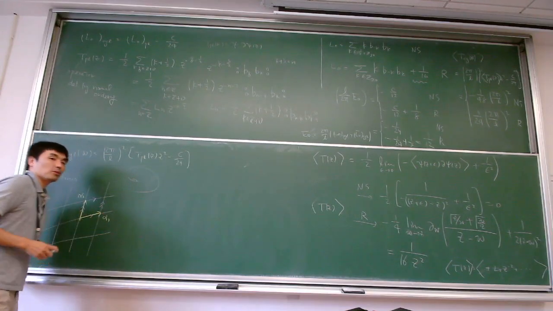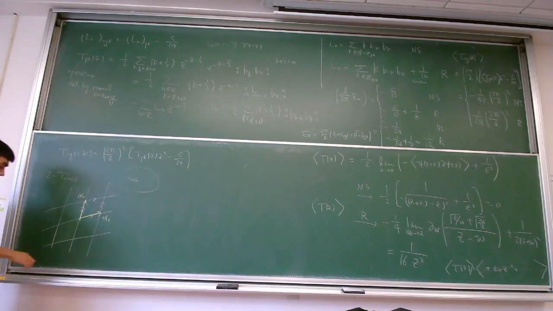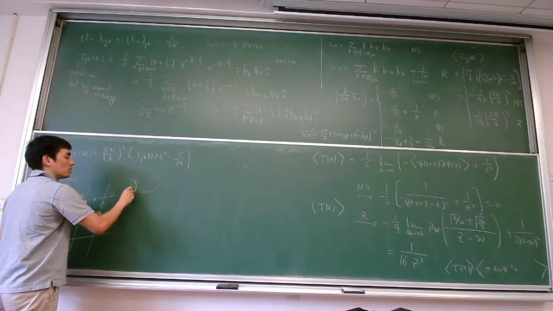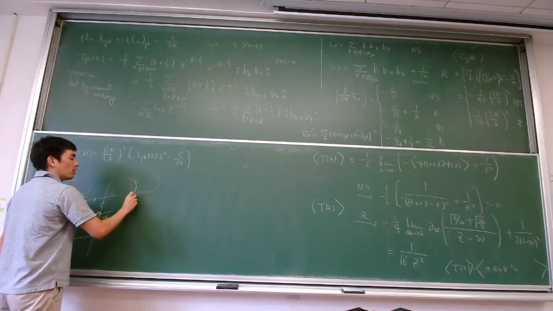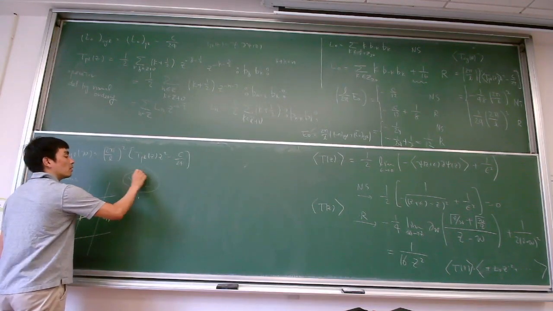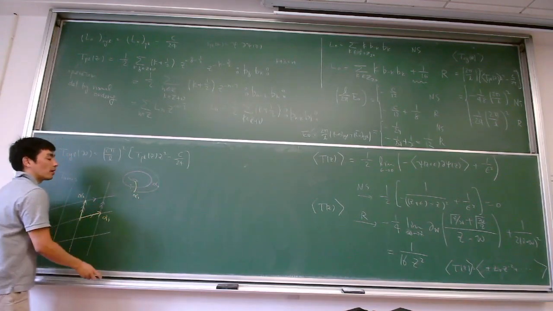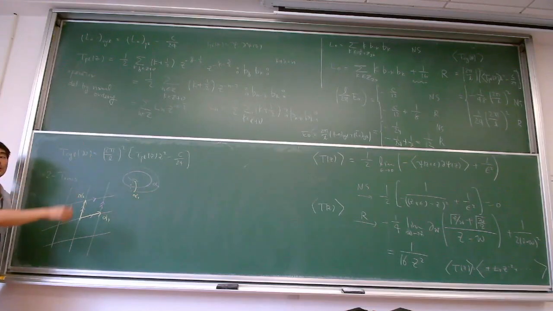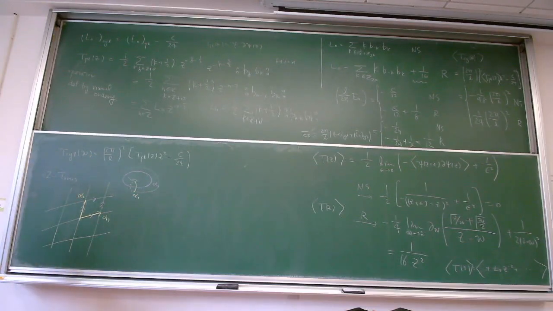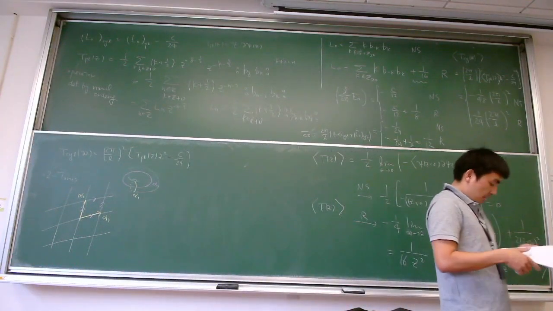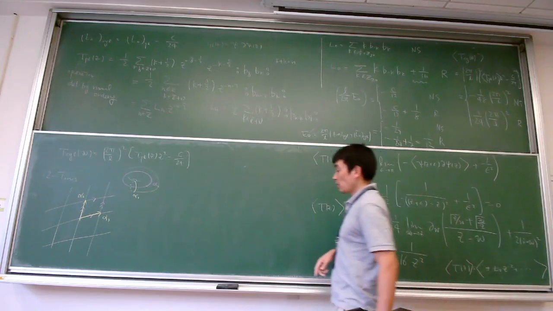Like this one. Namely, alpha 1 is defined this way, and alpha 2 is defined this way. And if you cut along this purple and the orange circle, you get this shape. So this is complex.